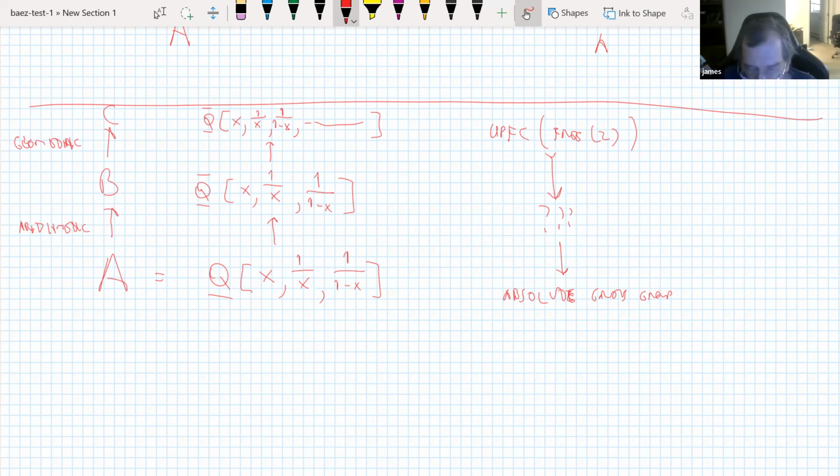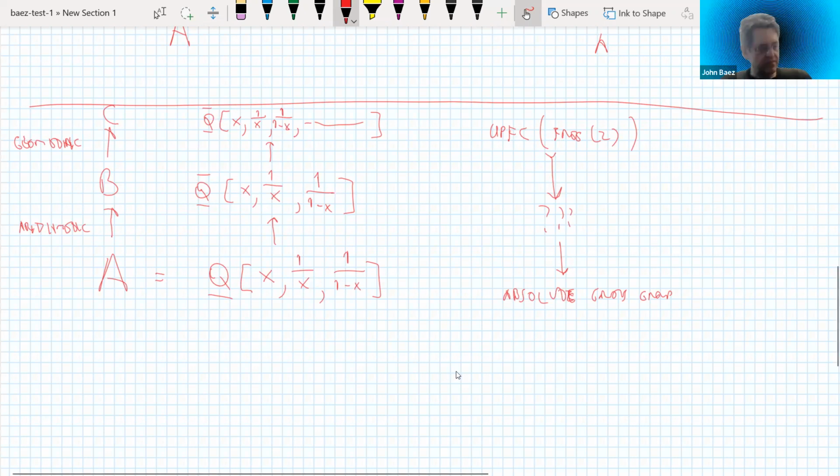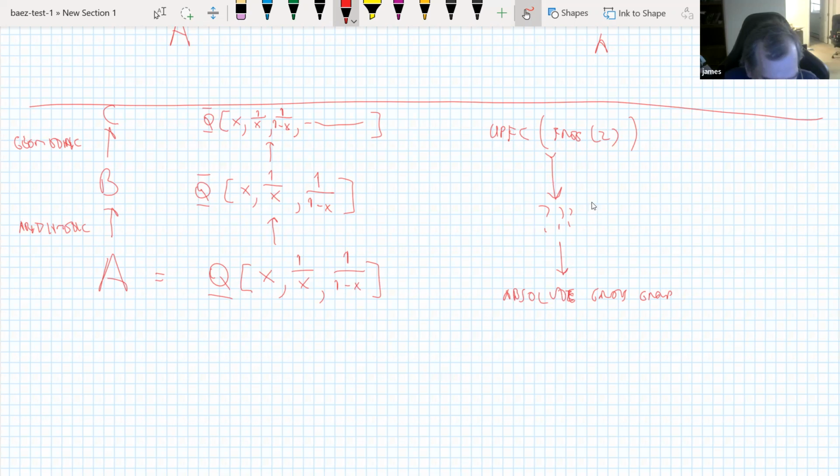But all those automorphisms together don't satisfy the homomorphism property in a strict way unless that two co-cycle is trivial or a co-boundary or something like that.